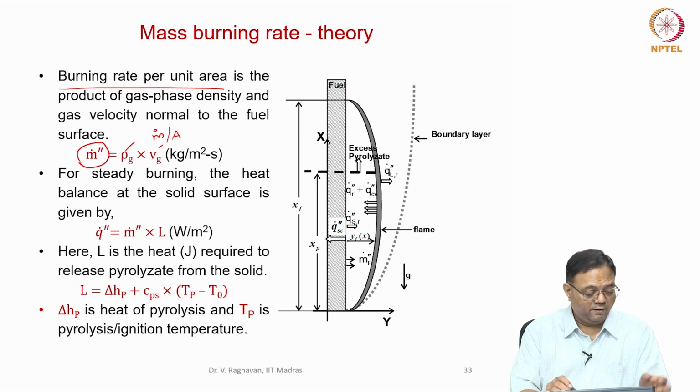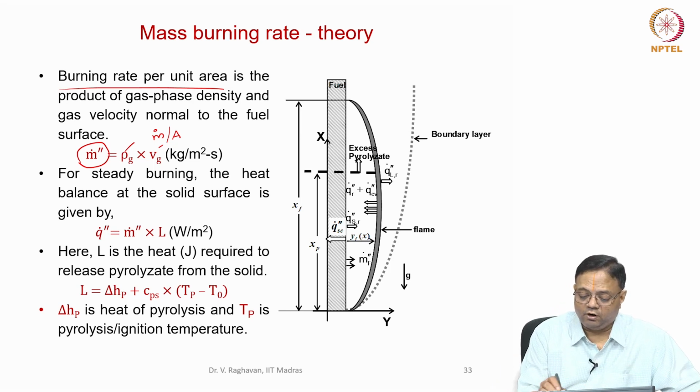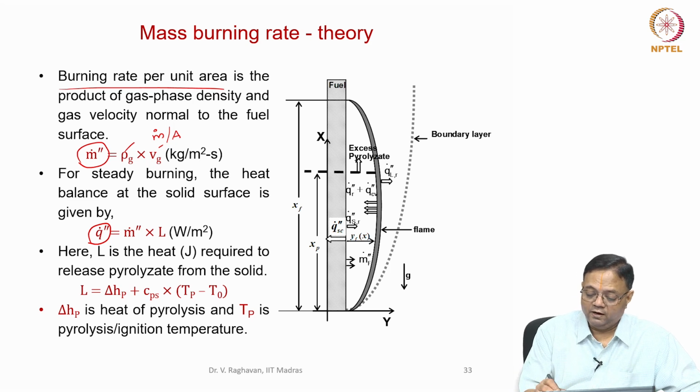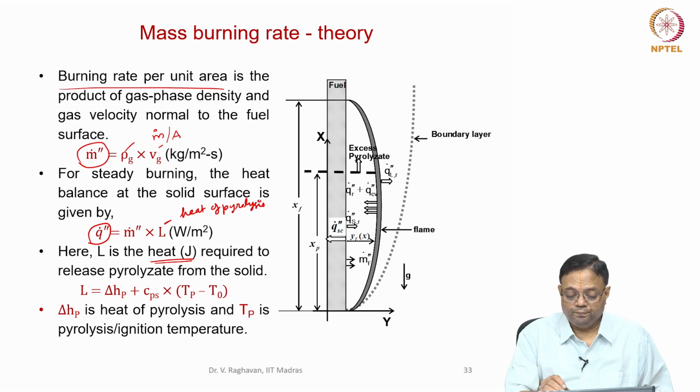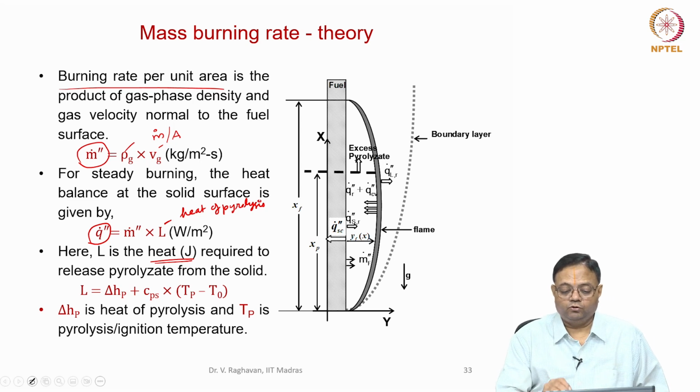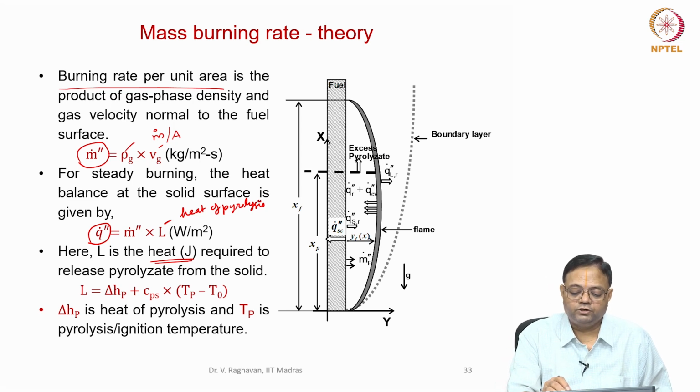Now, for steady burning, the heat balance at the solid surface will be the heat flux, that is the heat flow rate per unit area, equal to m dot double dash into L, where L is the heat in joules which is required for releasing the pyrolysis. So, I can say L is the heat of pyrolysis. So, that will be the balance of heat. So, the mass coming out is rho G into Vg, that is flux per unit area.